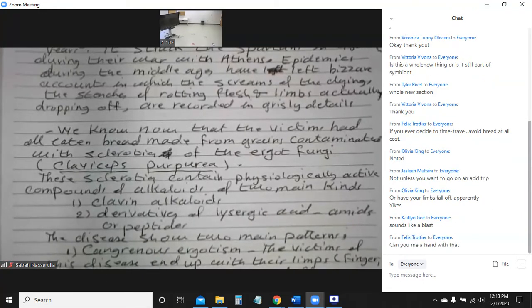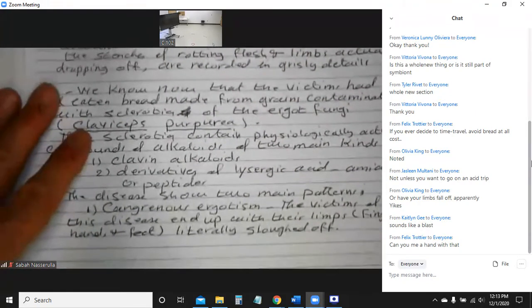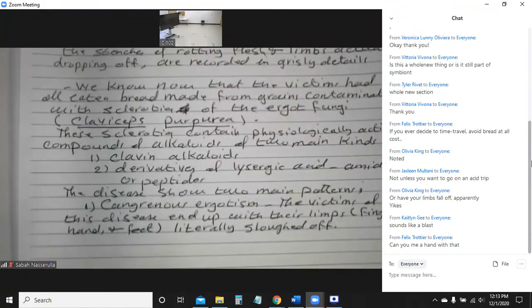The reason, which I'm going to mention later on, is that this alkaloid causes constriction of the veins, and when that's done, there is no more blood going to that part of the fingers or the hand, and in the end that part is going to rot. That was the gangrene.